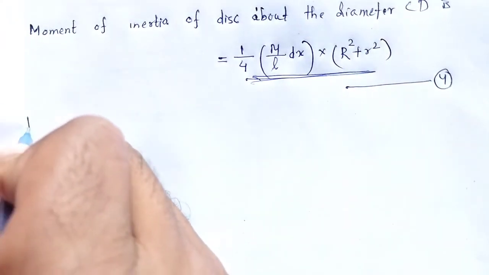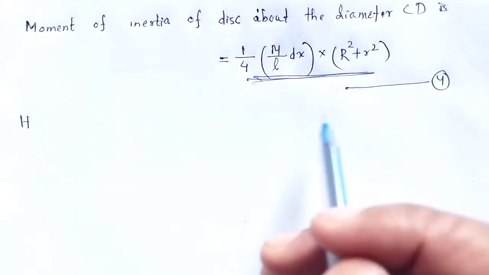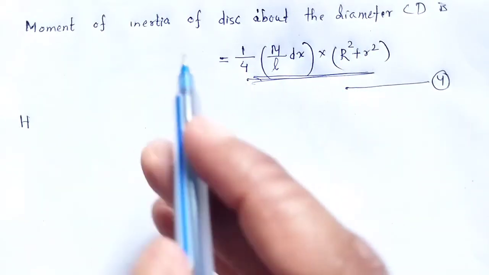Hence, as we find out the moment of inertia of the elementary disk, then we find the total moment of inertia.